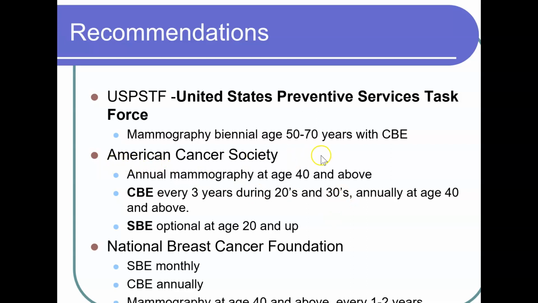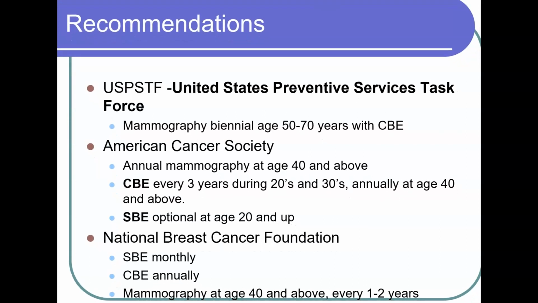The American Cancer Society has an annual mammogram at age 40 and above, clinical breast exam every 3 years during the 20s and 30s, and annually at age 40 and above. Self breast exam is optional at age 20 and up. If a person tends to have some type of history in their family, they may be performing breast exams, which is perfectly okay.